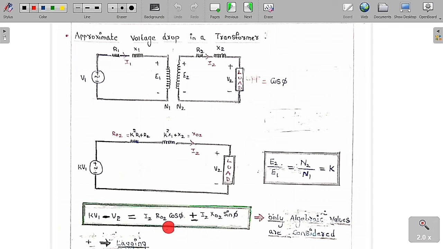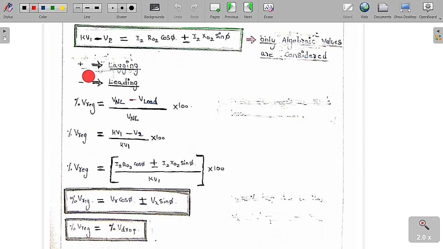Only algebraic values are considered, not the phasor values. This is the point that you always have to remember. Plus is the sign used only for a lagging type of load, and minus is the sign for a leading type of load.